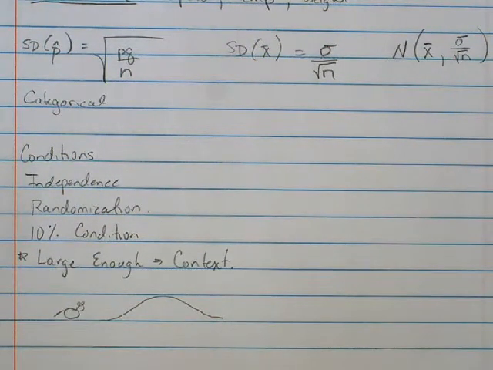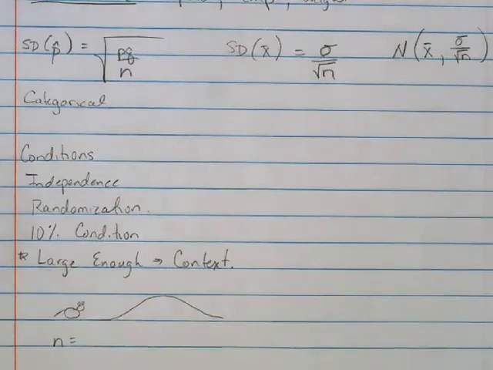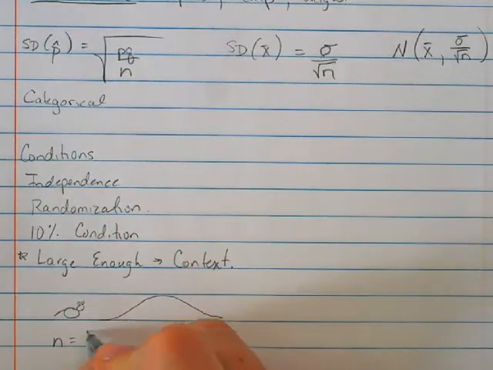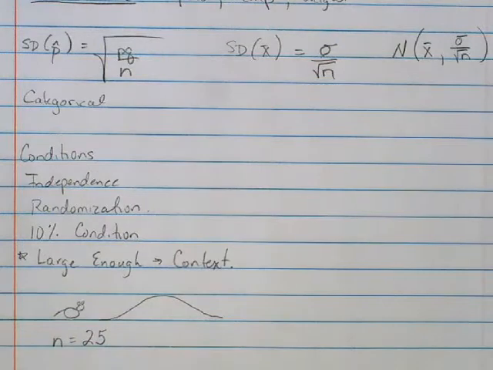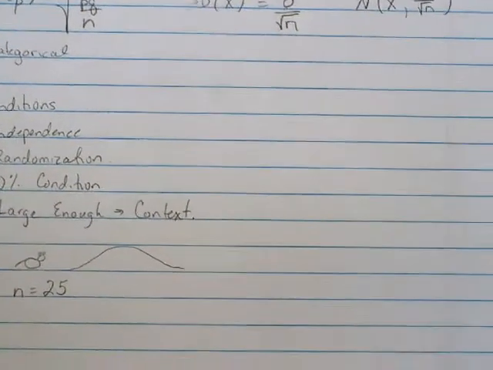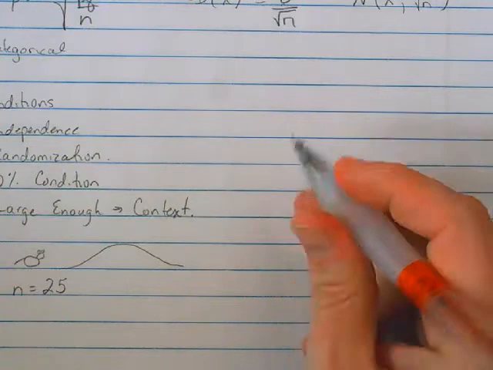We've analyzed so many mice over the course of however many millennia we've known them that we can say yes, with a fairly small n, I have a large enough sample size to assume that I have a normal model. So I could say my n is as low as 25. Now, what's a situation where I would need a much larger n before I could start looking at having a normal model?